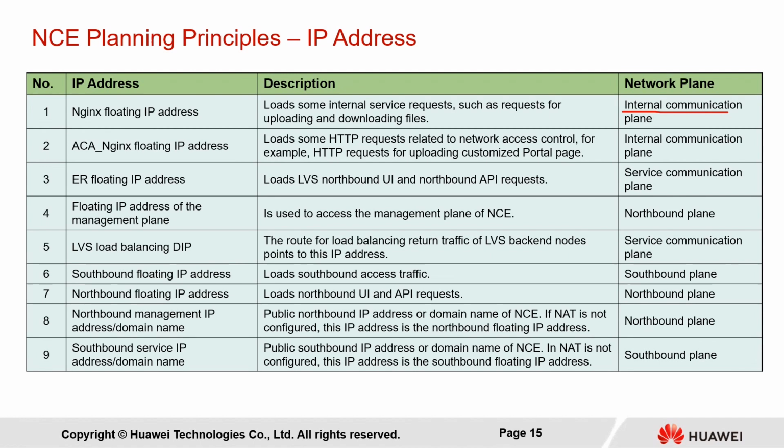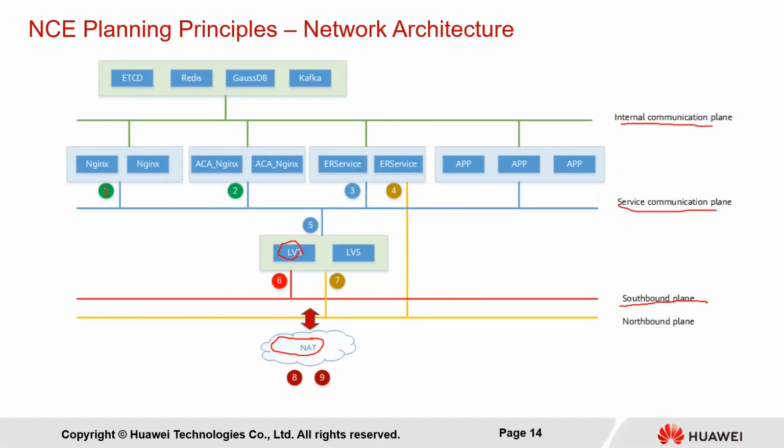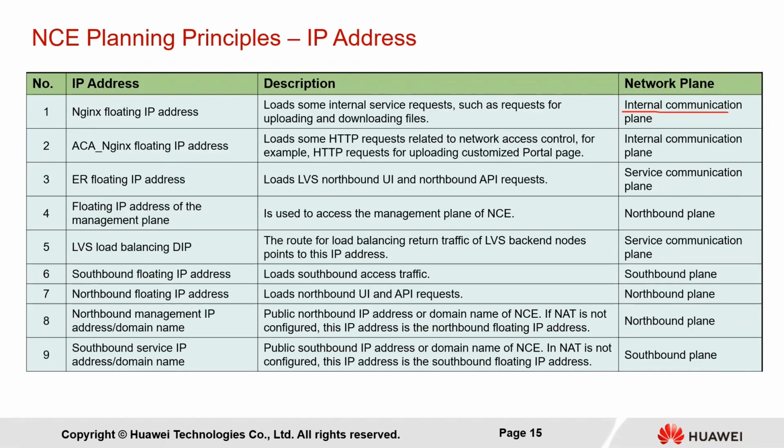So this one is on the internal communication plane, and for 2 here, ACA, it's also on the internal communication plane. Look here, on the internal communication plane. And 3 is the ER floating IP address.